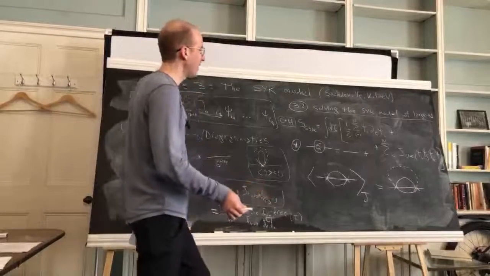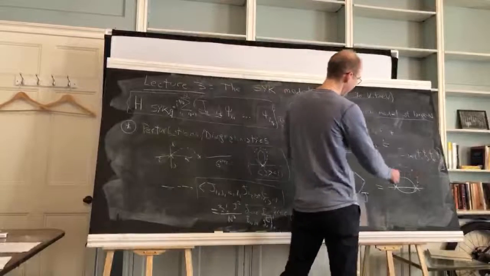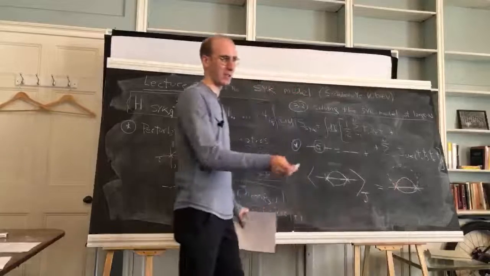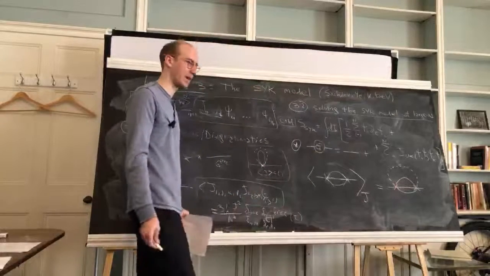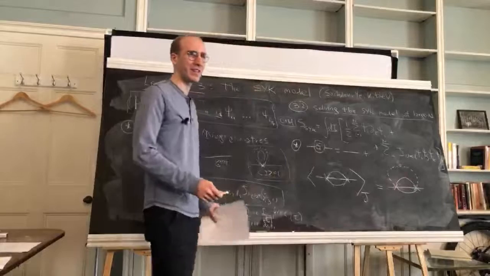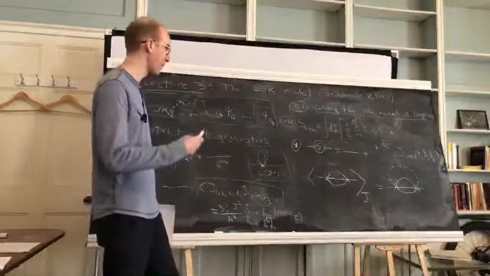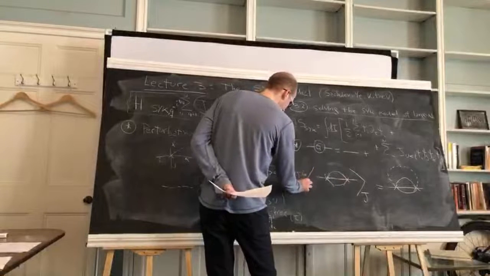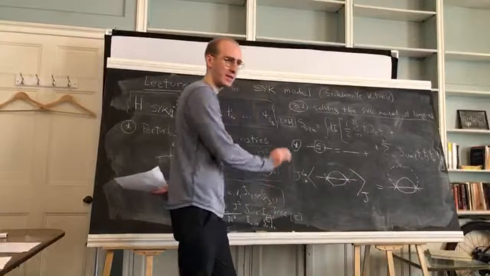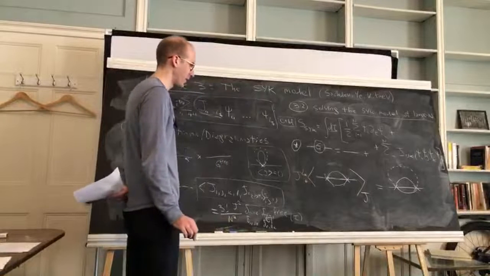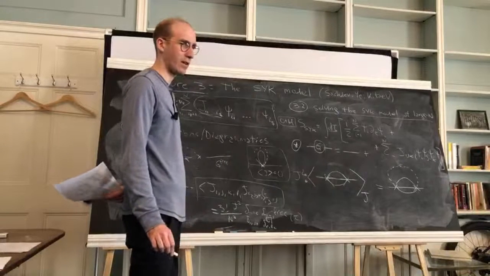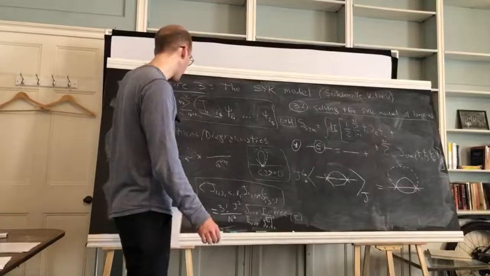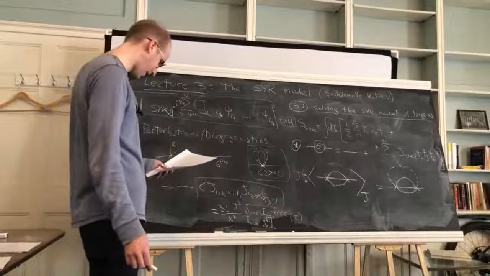So I will only need to add 1 J line in between two dots, and then it's all Wick rotations, nothing more than that. But if I have more vertices, then I can have more, and we will go to that. But if I just keep to order J squared, which is the diagram that I'm doing now, this is the only non-vanishing diagram, at least.